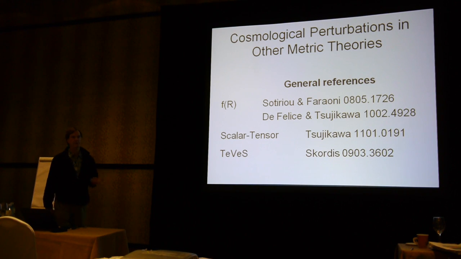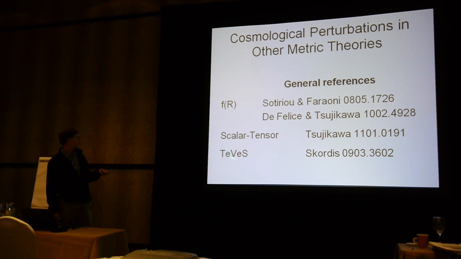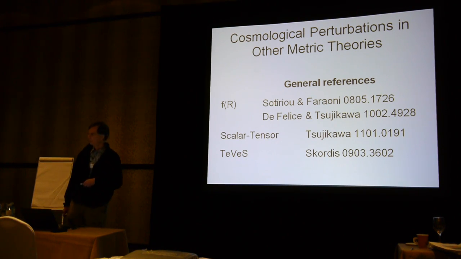Scalar-tensor theories, which have a very long history, going back to the late 1950s, and recently of great interest because of their resemblance to, in fact equivalence to, f(R) theories. And then TeVeS, the relativistic Lagrangian formulation of Milgrom's modified Newtonian dynamics. I'm not going to discuss this today, but I might discuss it in the third lecture. I think I'll take a vote at the end of this lecture.